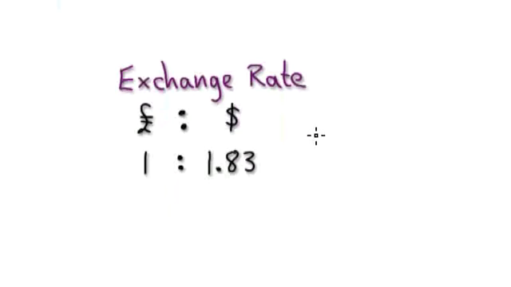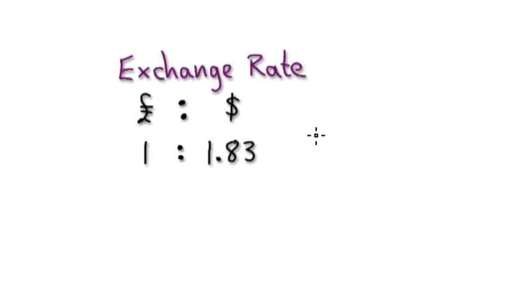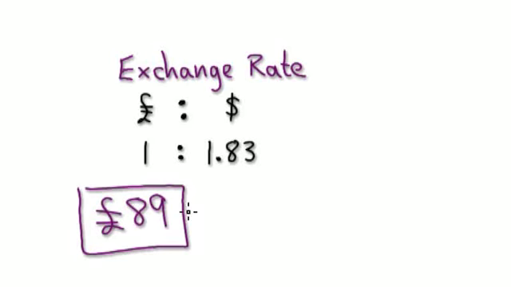So for example here, let's say the exchange rate is £1 to $1.83. How much US dollars will I be able to get for 89 pounds? So if I want to exchange 89 pounds into US dollars, how much will I get?